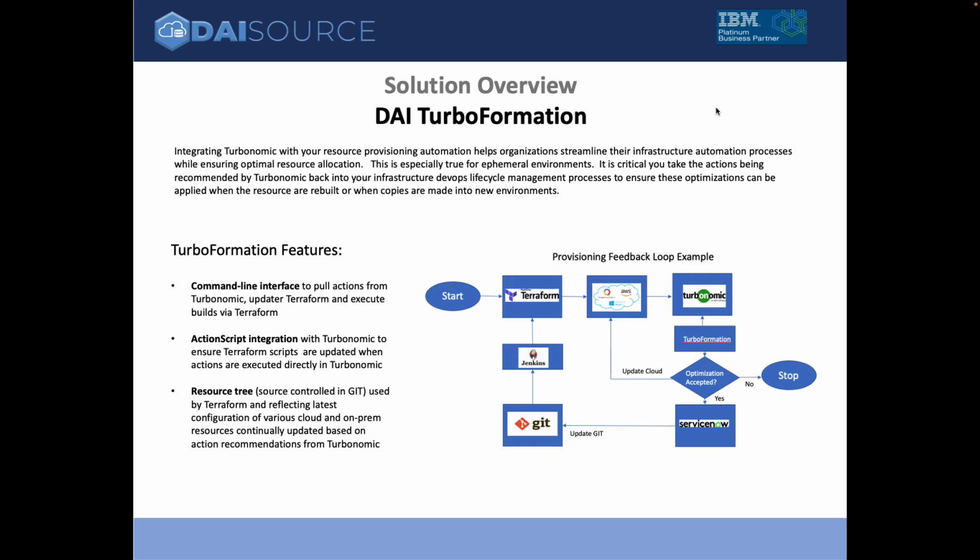For example, with VMs, if we're under provisioned, it will execute an action to resize that VM to handle the workload, or if it finds a workload that's over provisioned and it can save a little money, it will execute an action to size that VM down. It doesn't just work with VMs, of course: volumes, Kubernetes, all kinds of elements within a public cloud or on-premise. And there are all kinds of nuances it takes into account: your billing, reserved instances, et cetera. But I don't want to get into all those nuances.